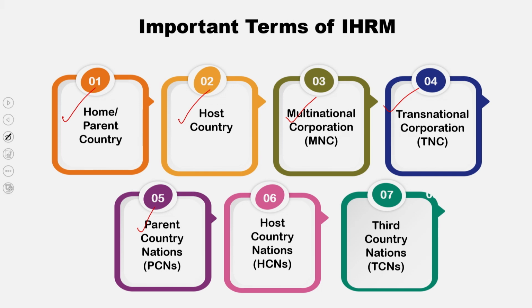They all belong there. Host country nationals are typically a national of the host country who is an employee of the affiliate branch of an MNC or TNC, who is resident of the country in which the affiliate or branch of the MNC or TNC is functional. And third country nationals are employees of a multinational corporation and its subsidiaries. These are some of the critical terms that are associated with IHRM.